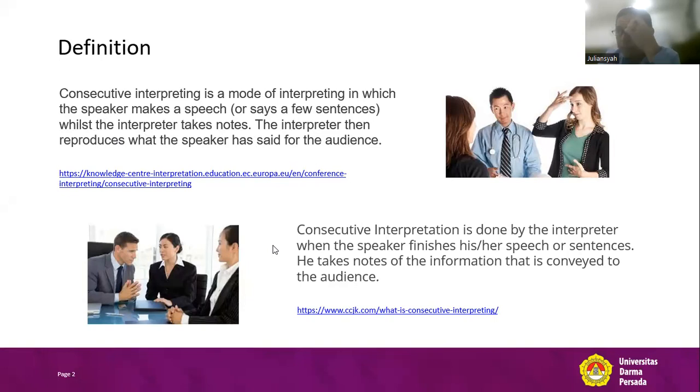Continue, Tefti. Consecutive interpretation is done by the interpreter when the speaker finishes his or her speech or sentences. He takes note of the information that is conveyed to the audience. Okay, and this is also the reference.